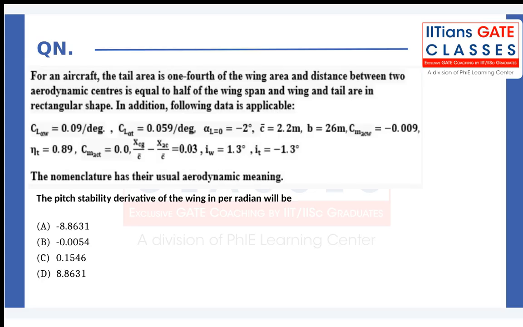What quantity are they asking you to find? dCm by dCl. Is that what they're asking you? They're asking Cm alpha of the wing. This is what you need to find out. Try doing it.